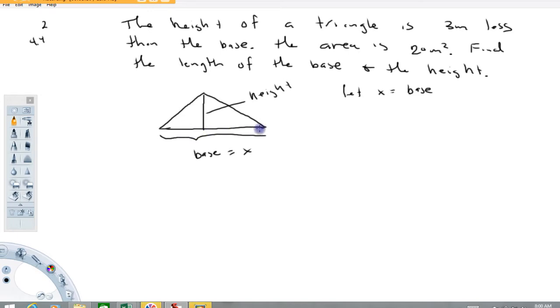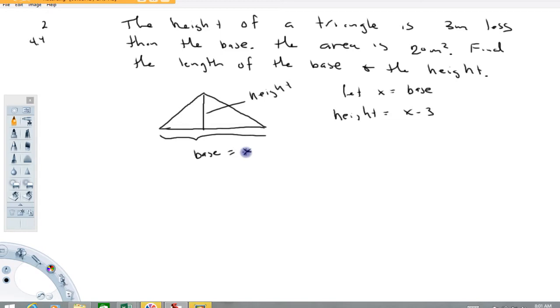This first sentence says the height of the triangle is 3 meters less than the base. So if x is the base, then the height is x minus 3, because it says 3 meters less. Had I called the height x, then the base would be x plus 3. But it won't matter which we do.